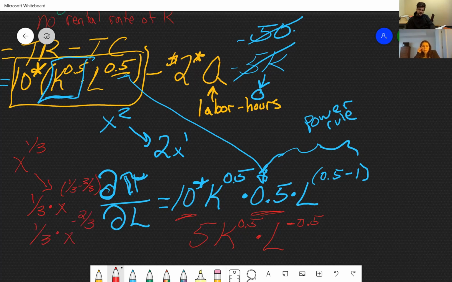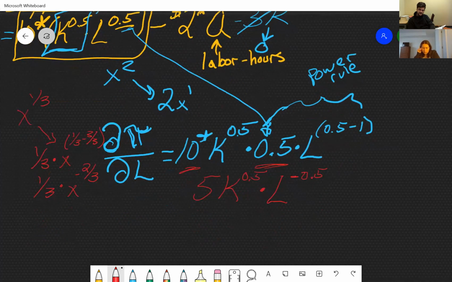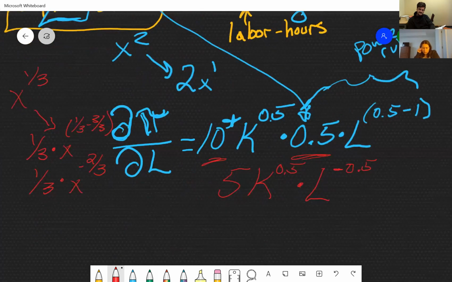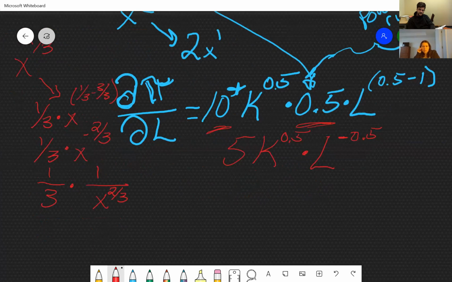And what do we do when we have stuff that's negative like that? Well, we can just put that in the denominator. So we can end up doing 1/3 times 1 over x to the 2/3. Then we can combine these together and get 1/3 x to the 2/3 there.